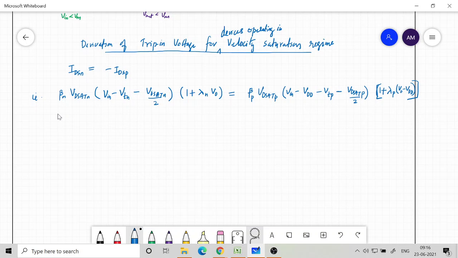So VGS is V in, minus VTN minus VD sat n by 2, into channel length modulation. So this is basically channel length modulation. Similarly here also channel length modulation.